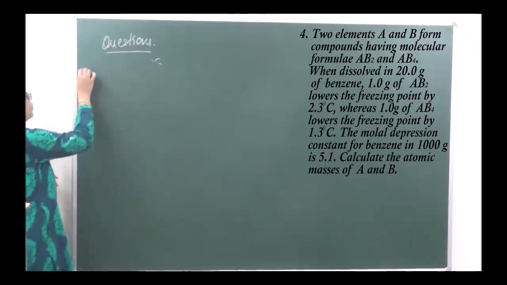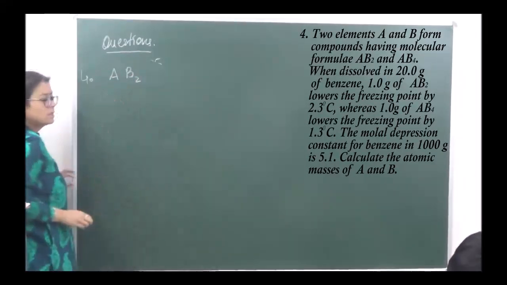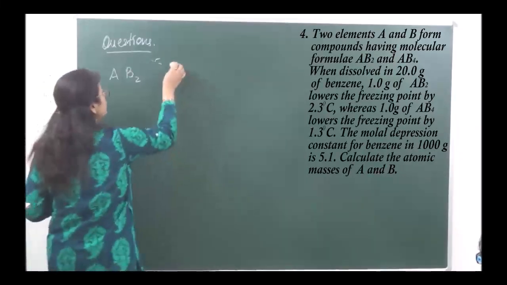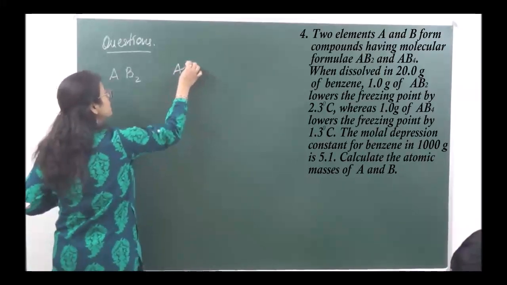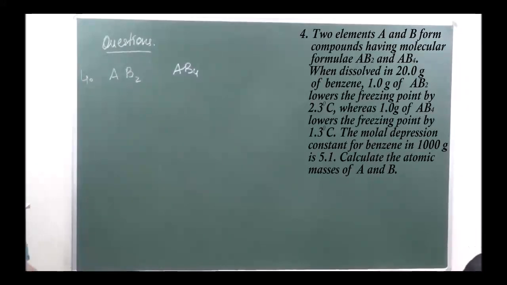So they have given to us two compounds, one with formula AB2 and the other one with formula AB4. Okay? When dissolved in 20 grams of benzene, 1 gram of AB2 lowers the freezing point by 2.3.